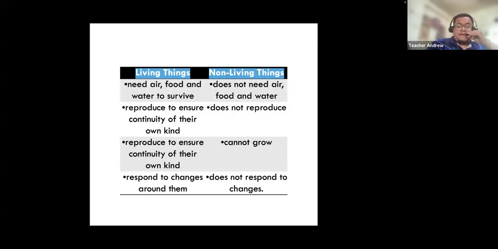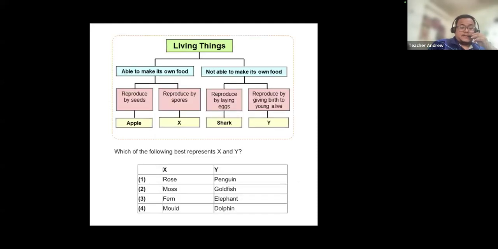This table basically discusses what we have just gone through. It's the same as the recap table. Living things need air, food, and water to survive, need to reproduce to ensure their own kind continues, can grow, and respond to changes. Non-living things cannot grow or reproduce, and do not respond to changes around them.